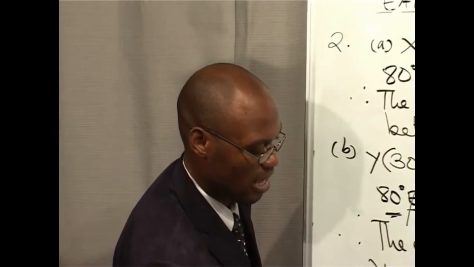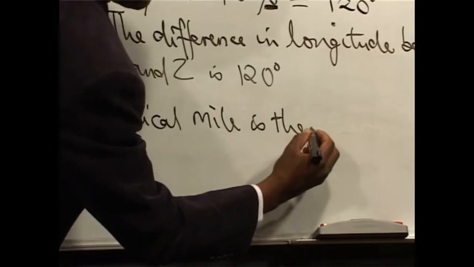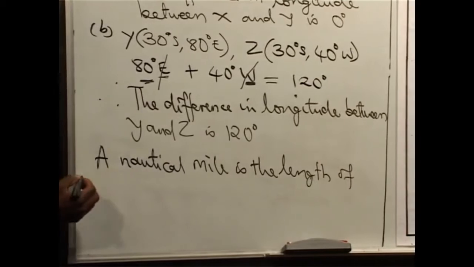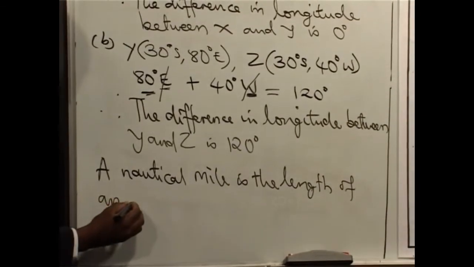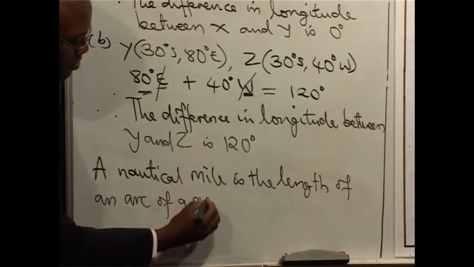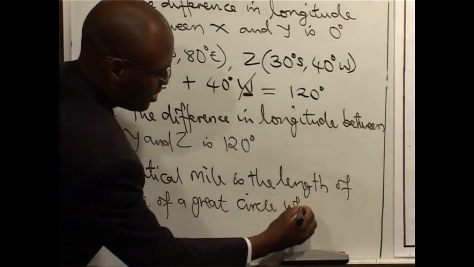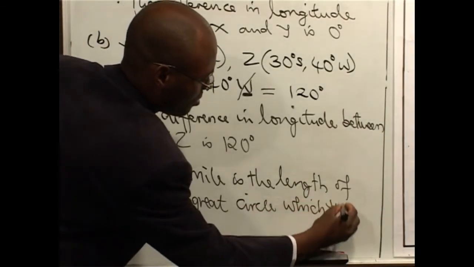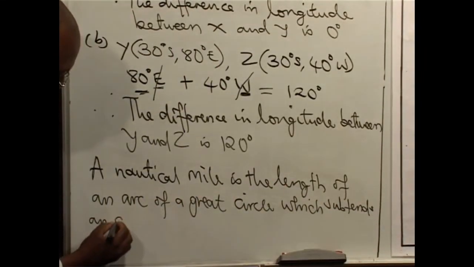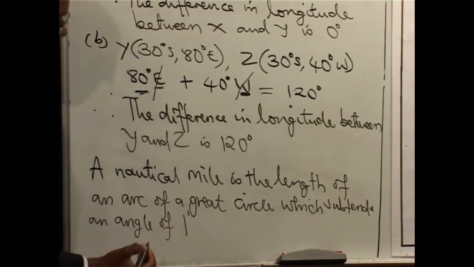A nautical mile is the length of an arc of a great circle which subtends an angle of 1 minute.